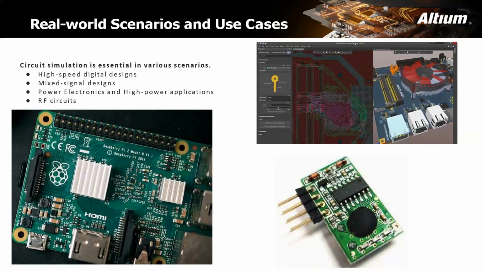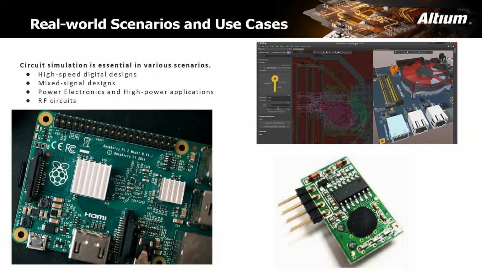And lastly, RF circuits. RF circuits require precision control of signal frequencies and phase noise. Designs such as oscillators allow designers to assess the impact of component variations and optimize the design to keep the desired performance. Monte Carlo analysis in particular can be instrumental in understanding the effect of component tolerances on circuit behavior.